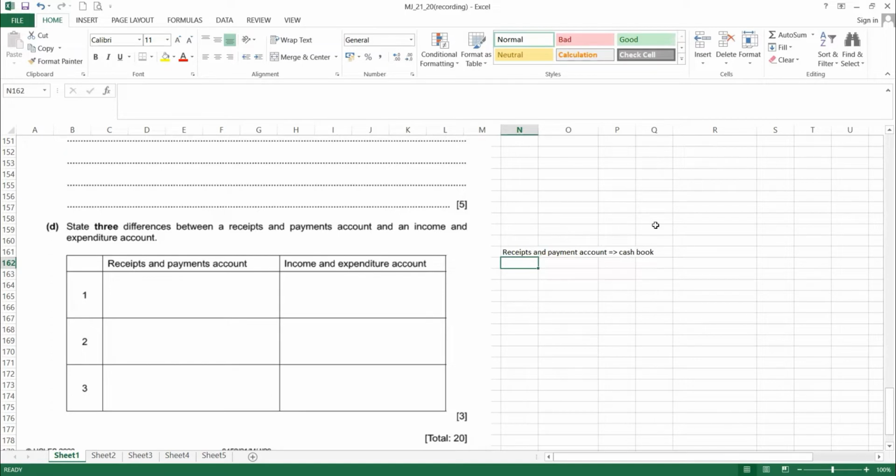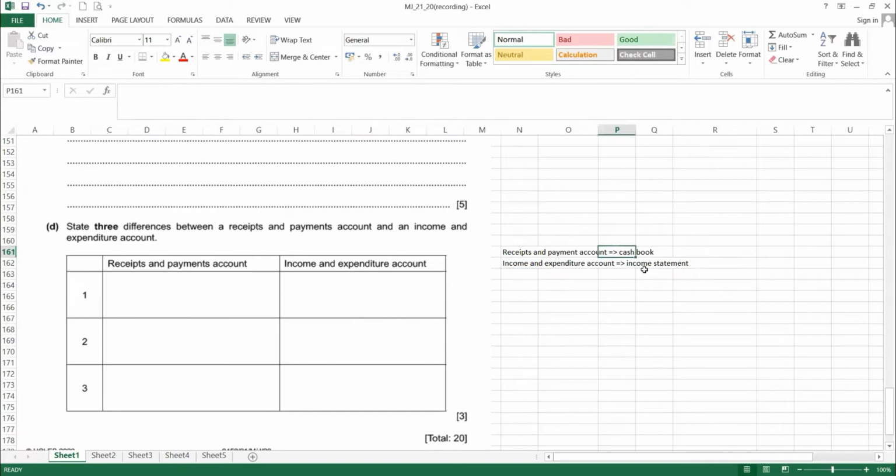In the other businesses, income and expenditure account is actually what in our normal business we call the income statement. So you try to remember what is the feature of the cash book, what is the feature of the income statement. So they ask for the differences.